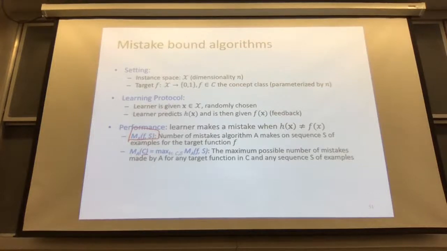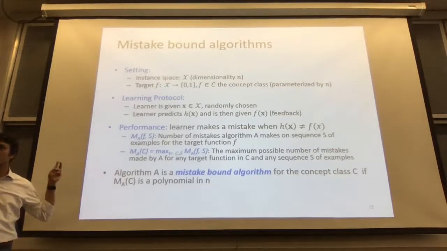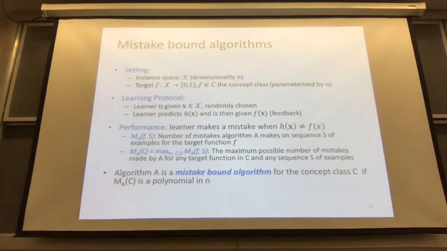So now, inside this rather bleak looking setting, we're going to define that the algorithm A is called a mistake bound algorithm if even in the worst possible case, in terms of the function and the sequence, the number of mistakes is only polynomial in the dimensionality.